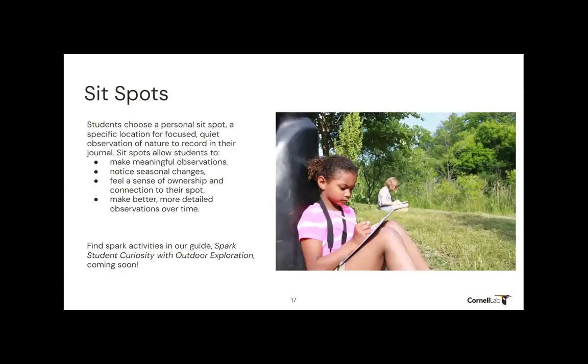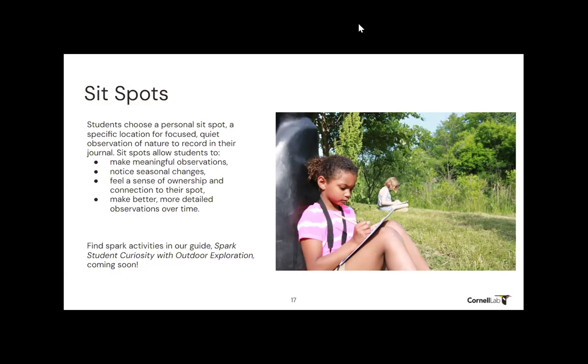And another way that we can invite this stillness and provide an opportunity to nature journal is through using sit spots. So the idea behind sit spots is that students choose a personal spot that they can return to over and over again throughout the school year. And it is a specific location for focused, quiet observation of nature. And then they can record their observations with prompts or without prompts in their nature journals.